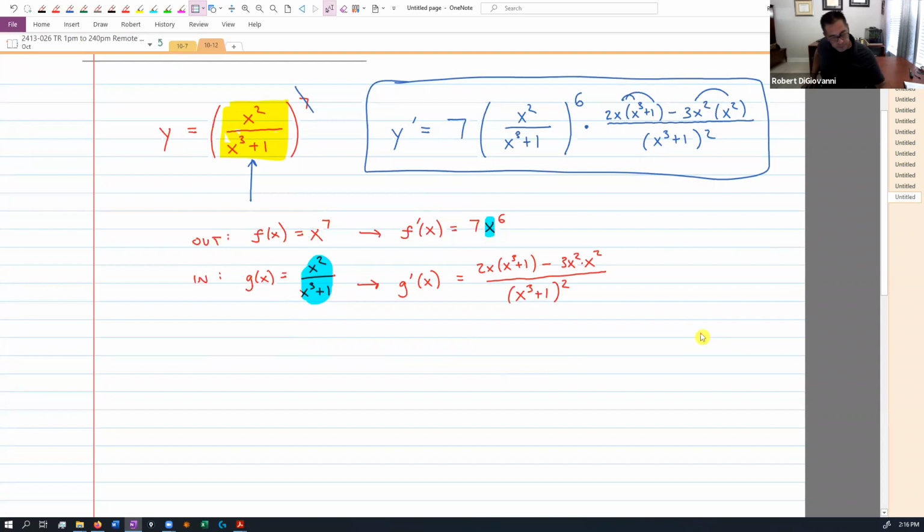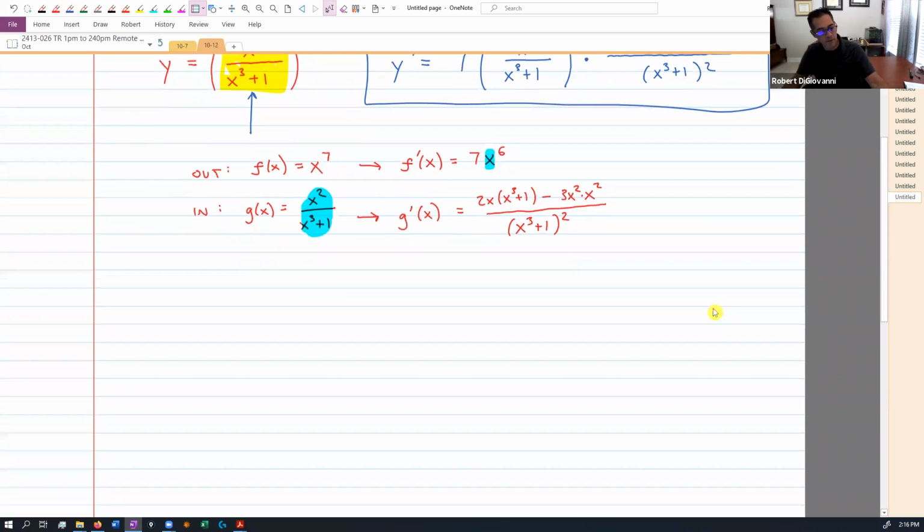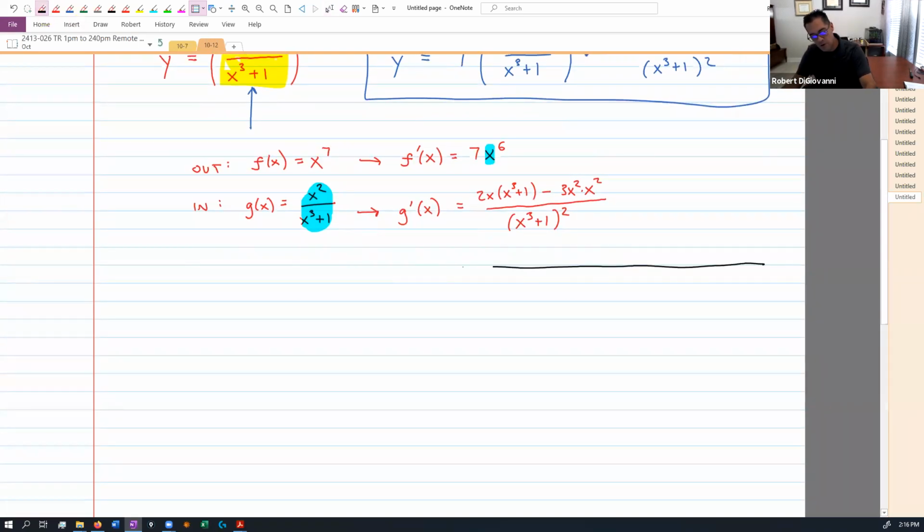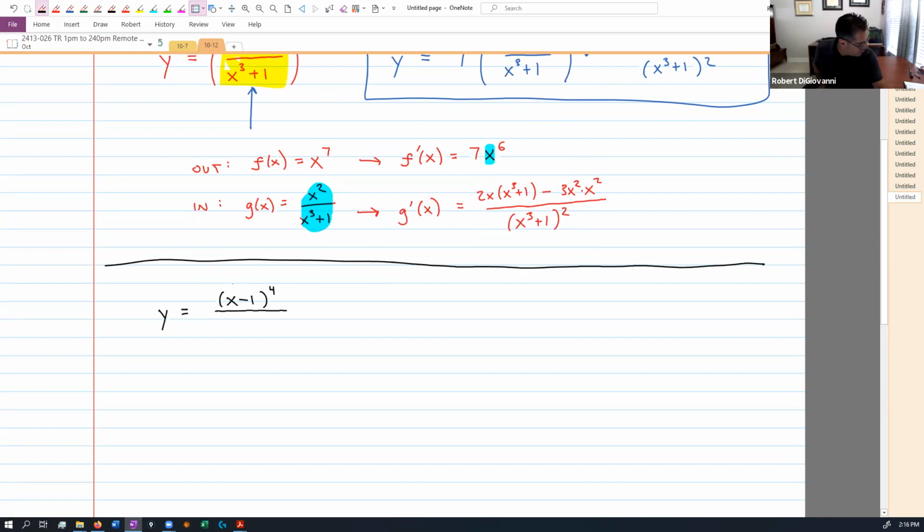Let's do another one. I wanted to give you examples to work, but that's what homework is for. Let's do this. y equals x minus 1 to the 4th over, man, x squared plus 2x to the 7th.